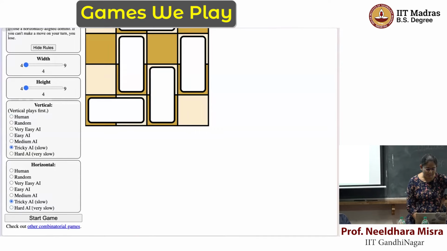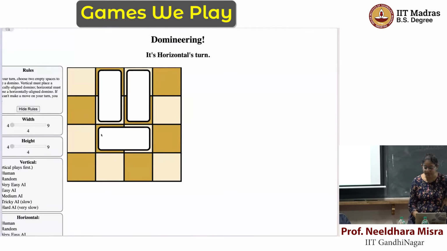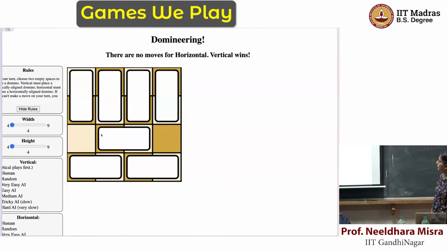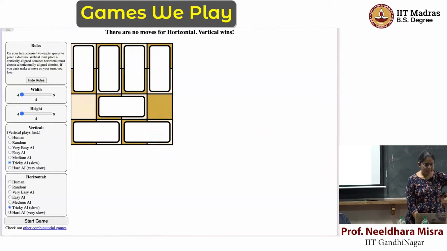Okay, let's see if... I'm just making them play each other. I mean, I'm wondering, like, does vertical always win? Like, can they... empirical evidence is that vertical is always winning.